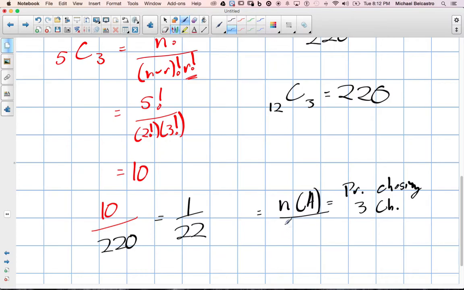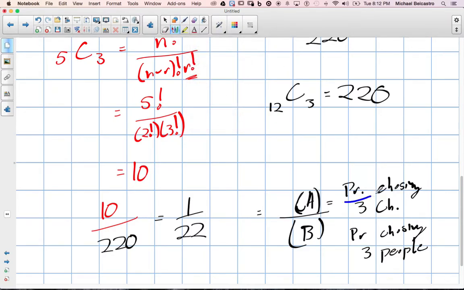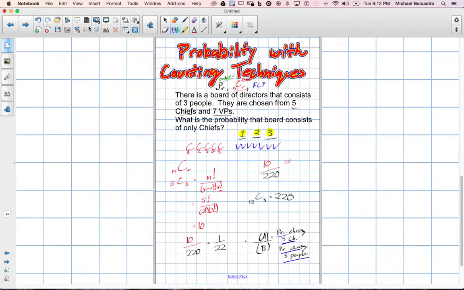On the bottom is event B, how many options there are in total, the number of possibilities for choosing just 3 people. So our probability was the possibilities for choosing 3 chiefs over the possibilities for choosing 3 people out of that lot. That's how we set up this 1 in 22 using our combinations.